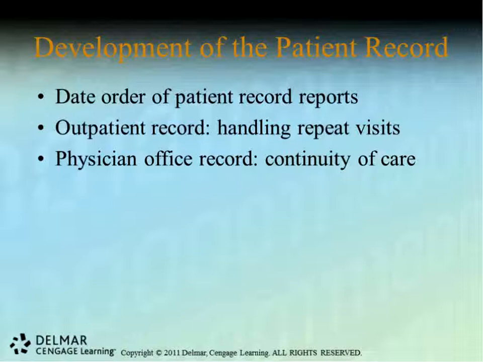But in a traditional sense, your records start in your admissions office, unless you have the PAT or the emergency department. They're going to collect demographic data on that patient. That's going to start the record. A lot of your demographic information you will see on what we call a face sheet. That's usually that first sheet in the record that lists that demographic data, what the physician's name is, and what they came in for in terms of a provisional diagnosis, or working diagnosis, tentative diagnosis, whatever you want to call it.